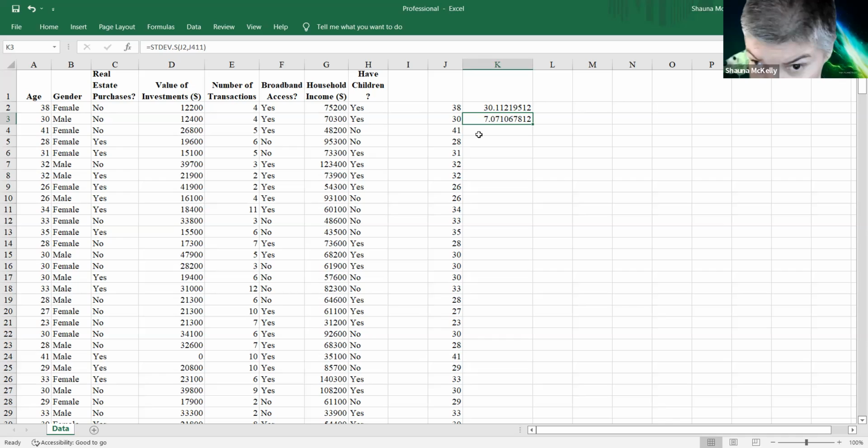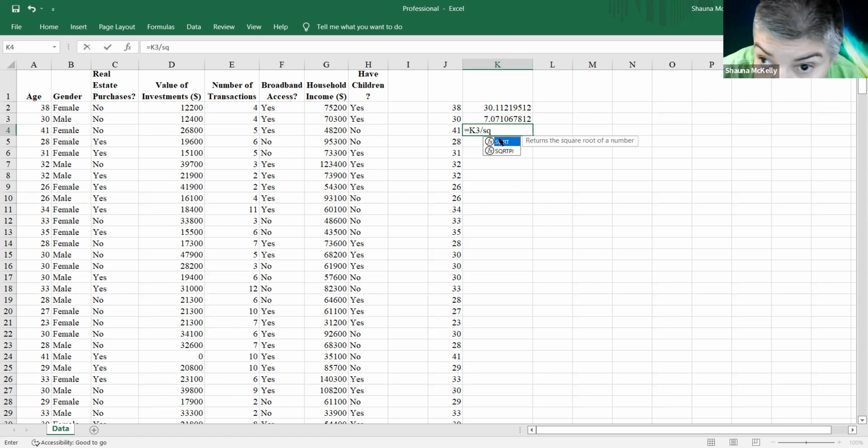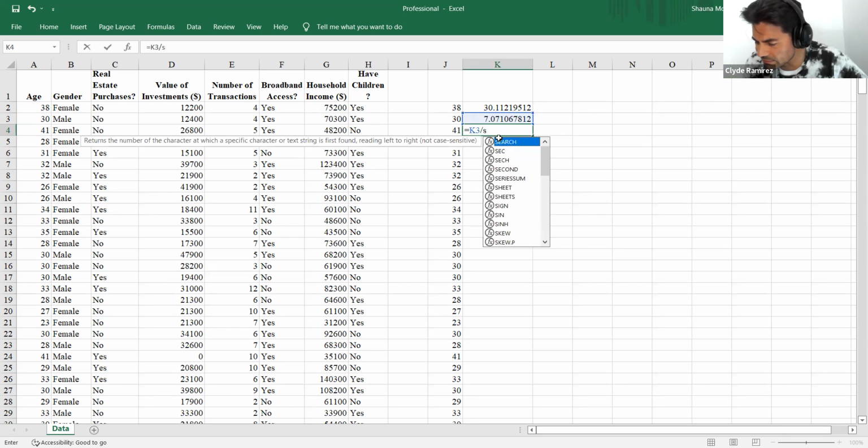Now your standard error is actually going to equal your standard deviation, which is the answer that you just got, divided by the square root of 411. So this is going to be 0.3488.